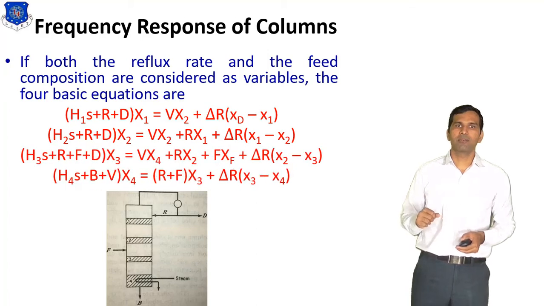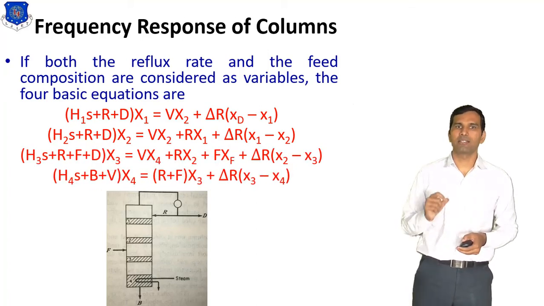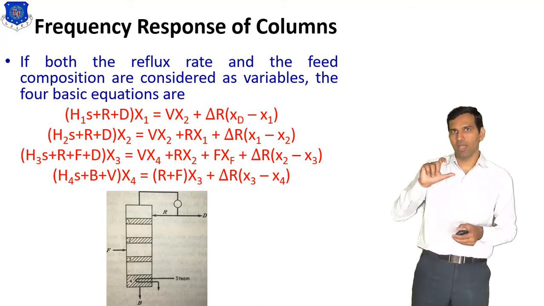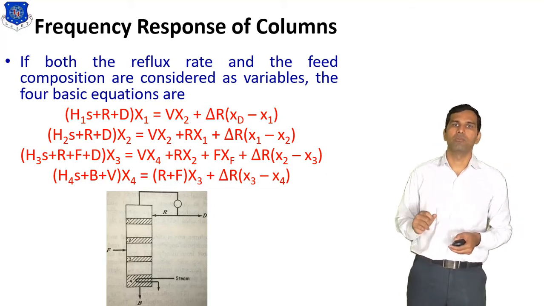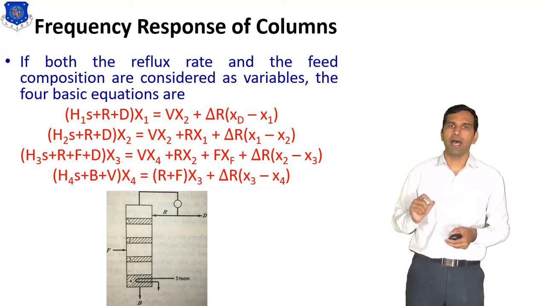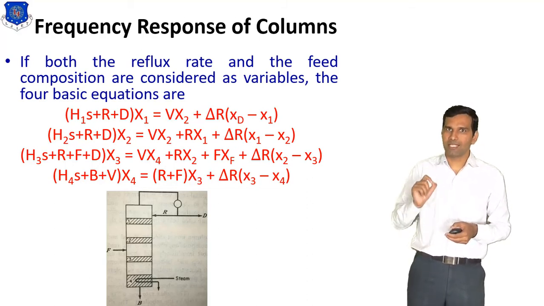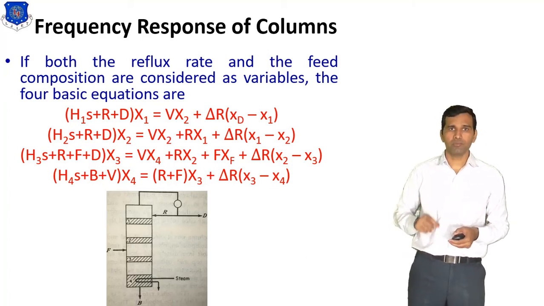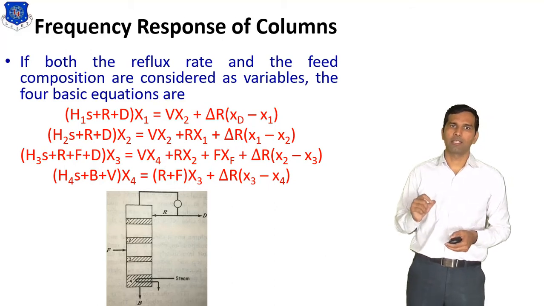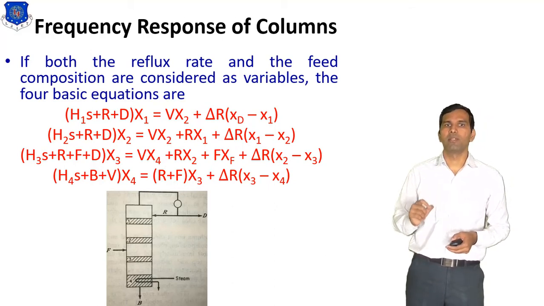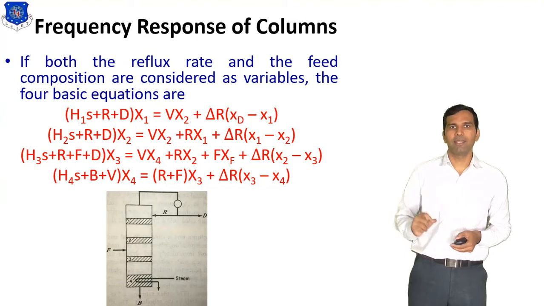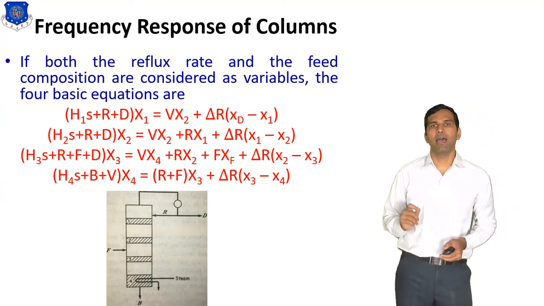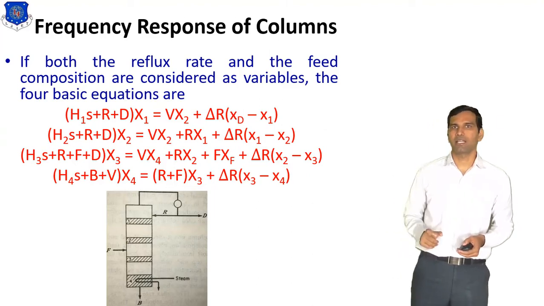Third equation is H3(S + R + F + D)x3 = Vx4 + Rx2 + Fxf + ΔR(x2 - x3). And the last equation is H4(S + B + V)x4 = (R + F)x3 + ΔR(x3 - x4).